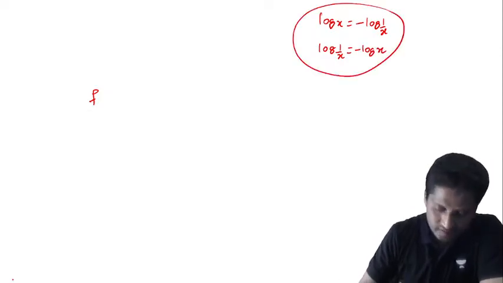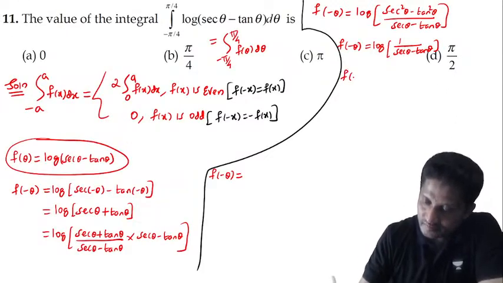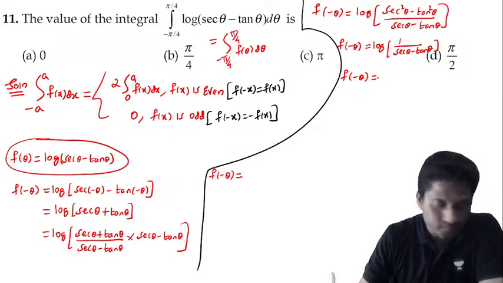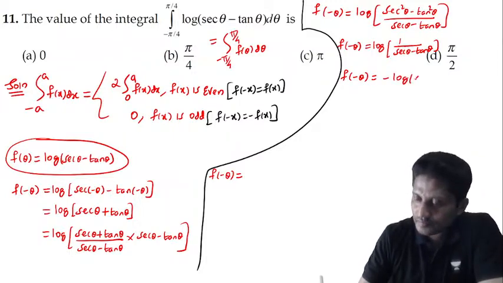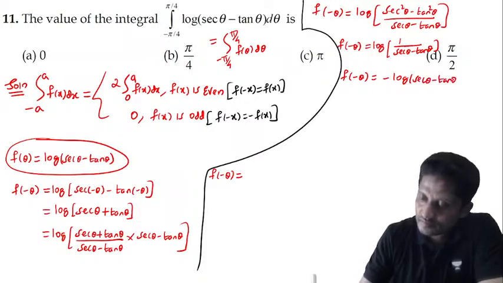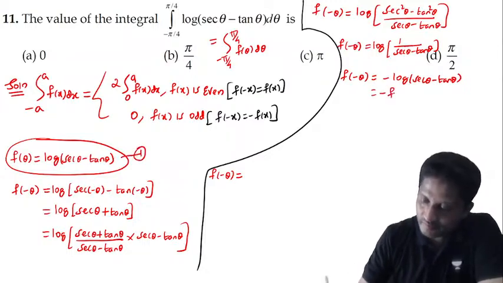If I use this logic, f of minus theta is equal to minus log of sec theta minus tan theta, which is equal to minus, same as from equation 1, f of theta.